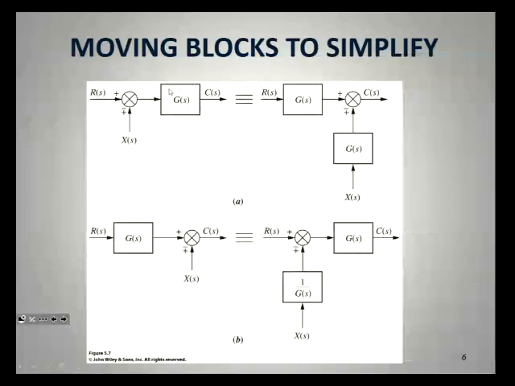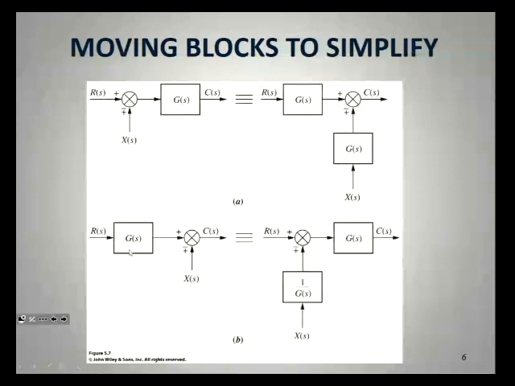If you have a transfer function here and you want to move it over to this side, you also have to multiply that one by it as well, because you can see quite clearly that it will multiply both that and that. So to move one from the right-hand side to the left-hand side, you move it to both inputs to your summing block.